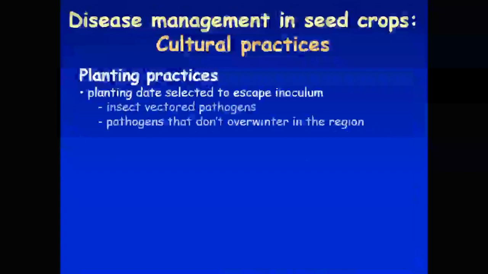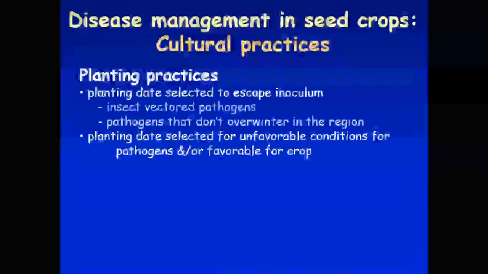This is particularly true with insect-vectored pathogens, where the insect doesn't necessarily survive in your winters, like Vermont, pathogens that don't overwinter. We're selecting your planting date for when the conditions are unfavorable for the pathogen, but favorable for the crop. And with seed crops, unfortunately, this usually just doesn't pan out because you've got a limited time to raise your crop. The seed crops tend to have a longer period of production than some of your production crops.